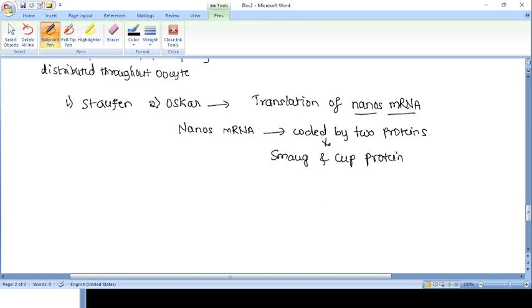In the initial stage, the nanos mRNA has these two proteins, and they act as translation inhibitors of nanos mRNA.